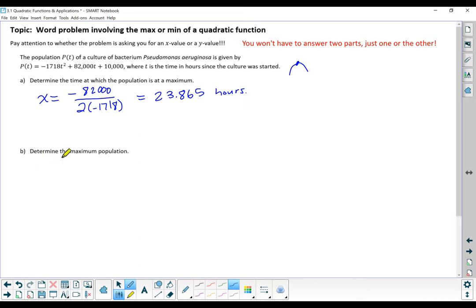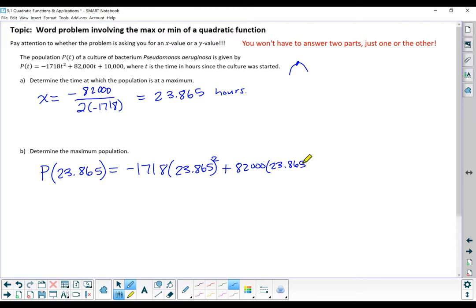And part B says determine the maximum population. So this time we're doing a population calculation at that x value. So negative 1718 times 23.865 squared plus 82,000 times 23.865 plus 10,000.